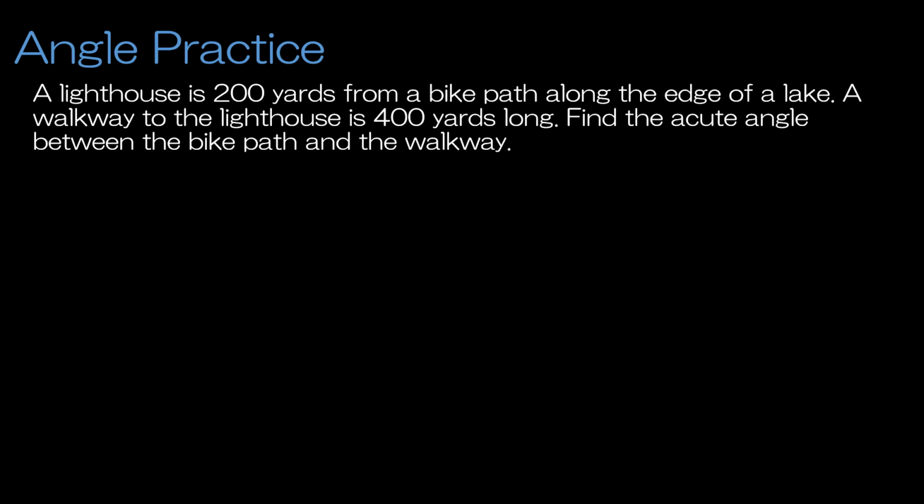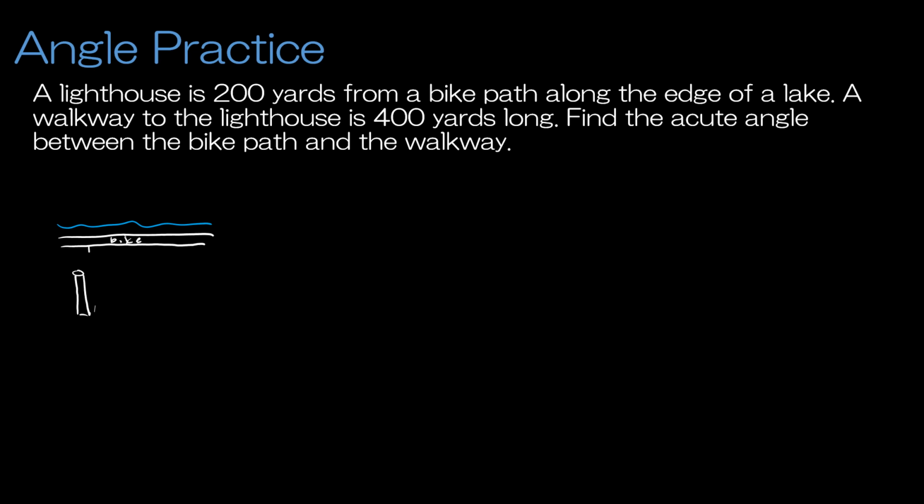So we have a lighthouse 200 yards from a bike path on the edge of a lake. So we've got some lake here. We've got, this is a bike path. And I've got some lighthouse. There's my light. I know, I'm a beautiful artist. So here's my lighthouse.